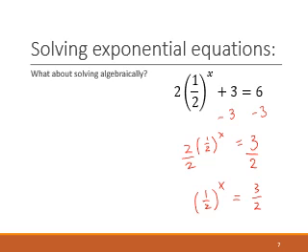But that's about as far as I would expect you to be able to go with this, because now, how do you isolate the variable? The problem is, what operation makes that go away? And there's not a good answer, at least not for now.